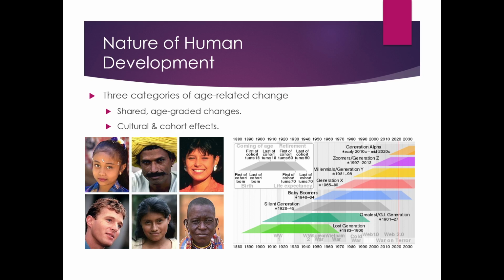So anyway, what we're really interested in psychology with regard to cohort effects is the possibility that some of the developmental changes that we see, especially if we make comparisons between, let's say, a person who today is 12 years old and a person who today is 32 years old, to what degree are those differences due to developmental changes, and to what degree are those differences due to cohort effects?